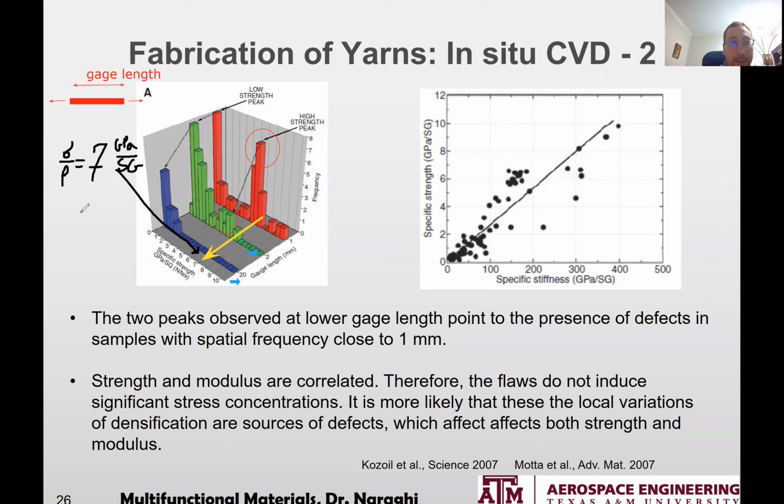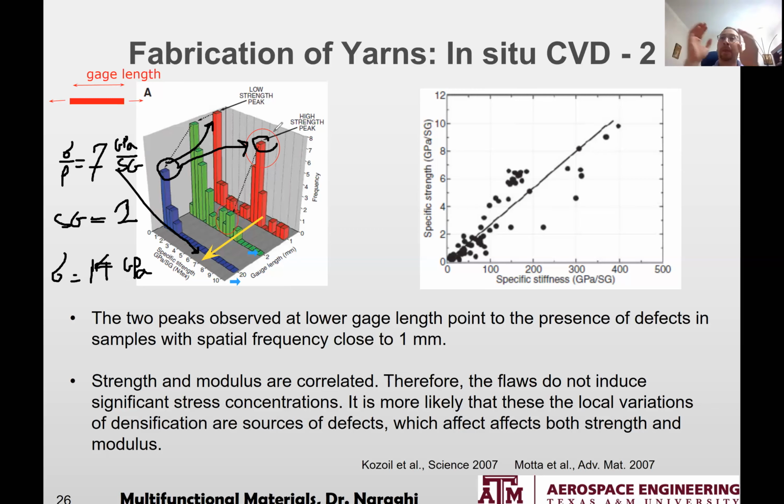In addition, the SG of carbon nanotube is roughly 2, so the strength they could report is 14 gigapascal. This is a very high strength, and it really deserves some attention. But one thing becomes clear, especially when you compare this case with this: this peak appears here, but then at 1 millimeter, there's another peak appearing here.